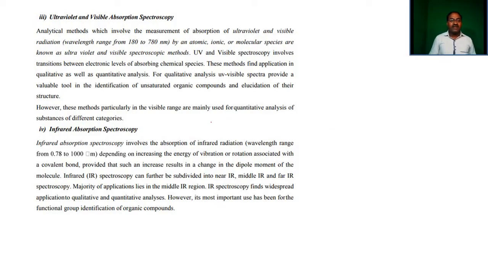Next, ultraviolet and visible absorption spectrometry. It is a type of analytical method that involves the measurement of absorption of UV, meaning ultraviolet, and visible radiation. Generally, we are using the 180 to 780 nanometer wavelength range by atomic, ionic or molecular species, known as ultraviolet and visible spectroscopic methods. Spectrophotometry involves the transition between electronic levels of the absorbing chemical species.